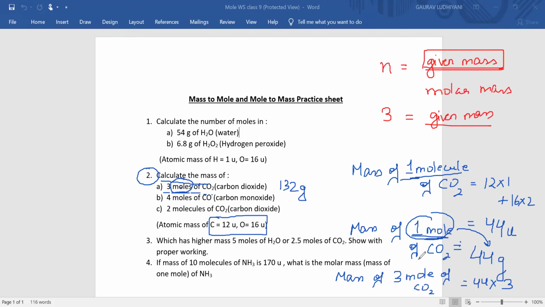And molar mass you have just calculated over here, it is 44 grams. So from here also obviously you will get the same answer. 44 goes here, multiplied by 3 gives you the given mass. So again, the choice is open to you. You want to use the formula, you can use that. You want to use common sense, unitary method, tips and tricks, you can use that too.